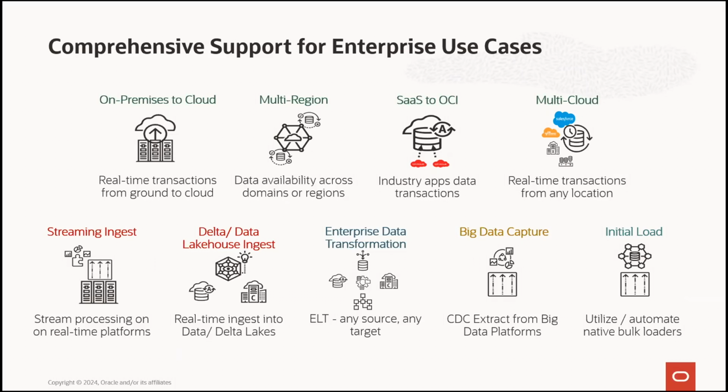We have several customers, and actually many customers, that are using OCI Golden Gate for what we call reporting offloading, which means that instead of accessing directly the database that is underneath the application and performing queries on the source database, they set up a database that is going to be used only for reporting. And for that, they need to extract the data from the applications into that database, and they use Golden Gate for that.